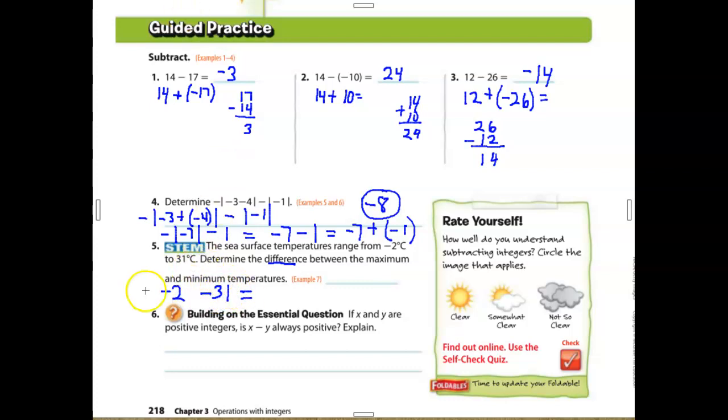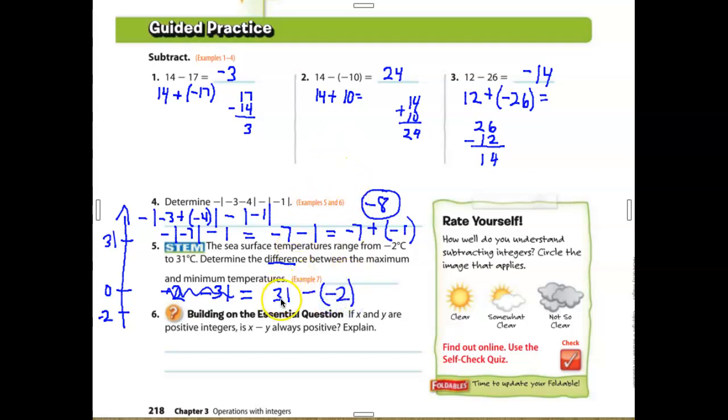Okay, I'm going to go ahead and draw a picture of that to make sure I have this correct in my mind. So I have a 31 degrees Celsius, and then here's 0, and here's negative 2. I'm going to change that up a little bit. I'm going to go ahead and say 31 minus negative 2.